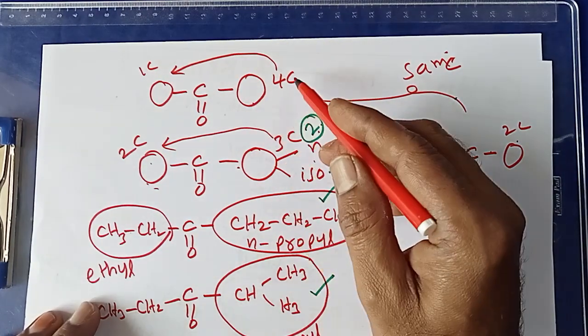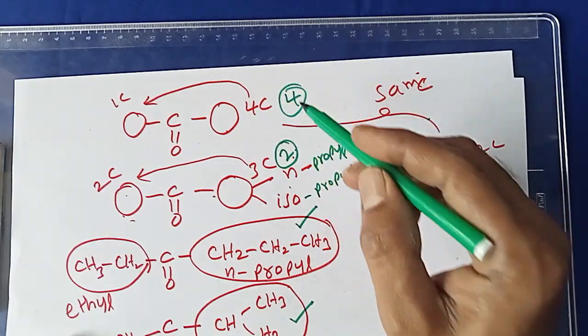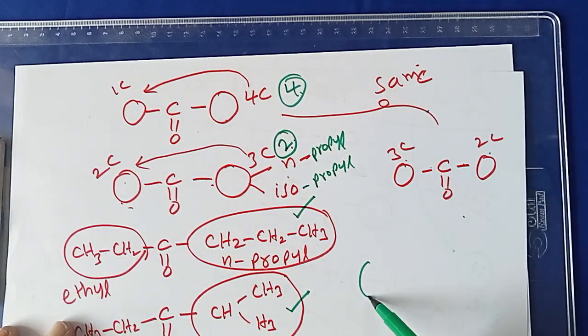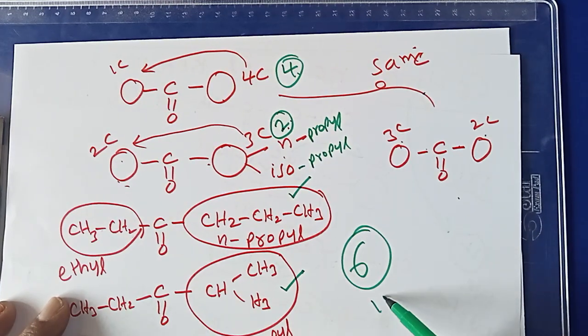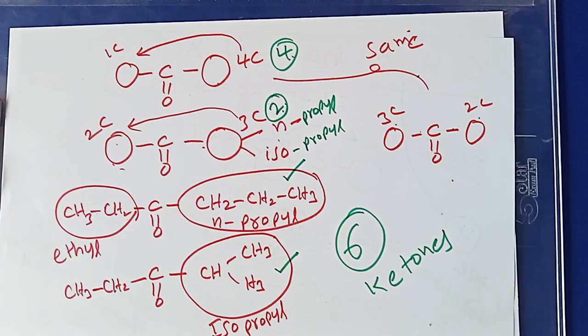For this combination 4, for this combination 2. So 4 plus 2, total 6 ketones are possible for this molecular formula.